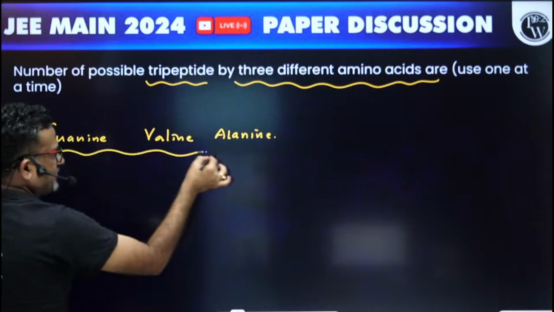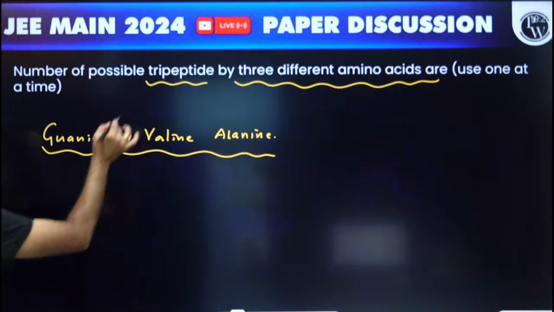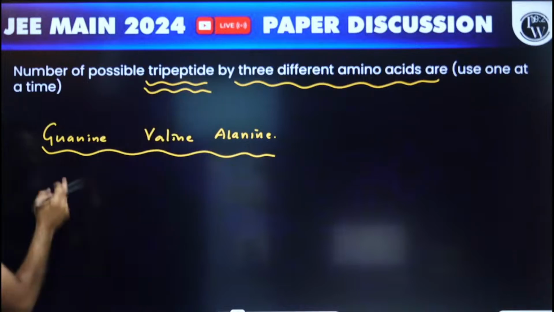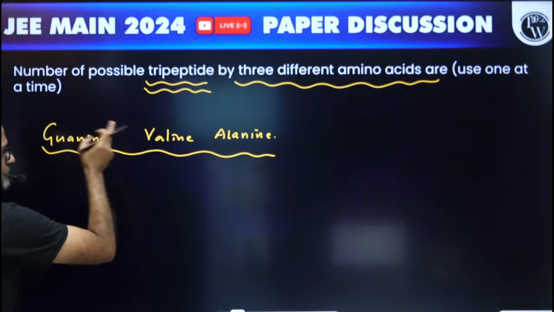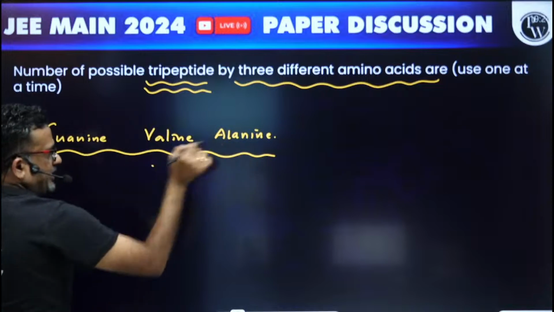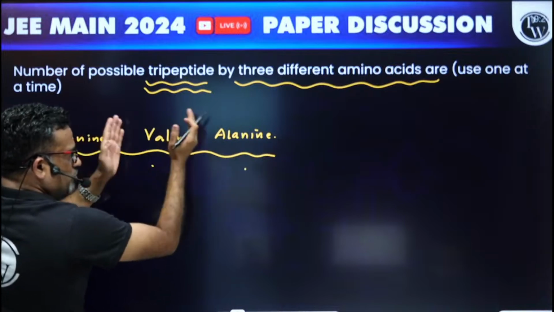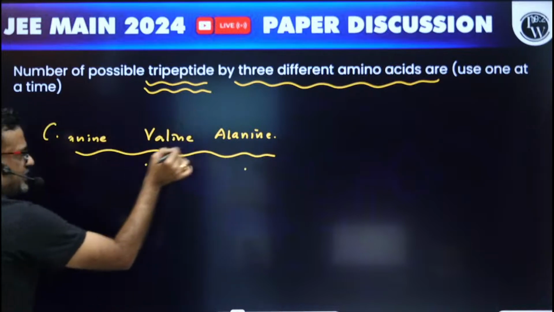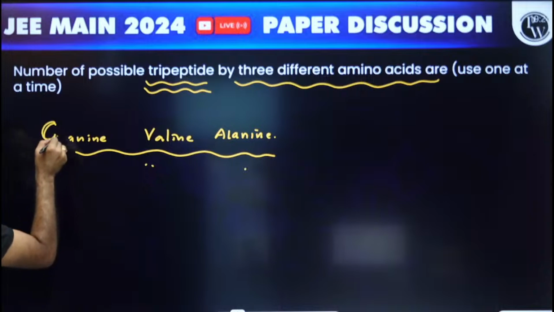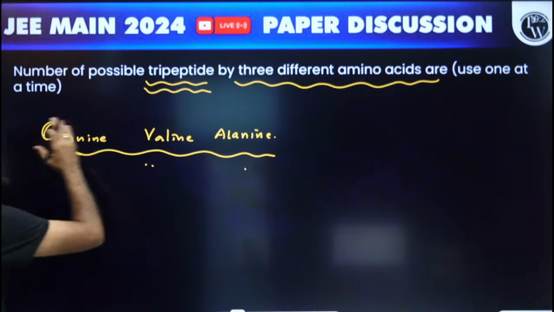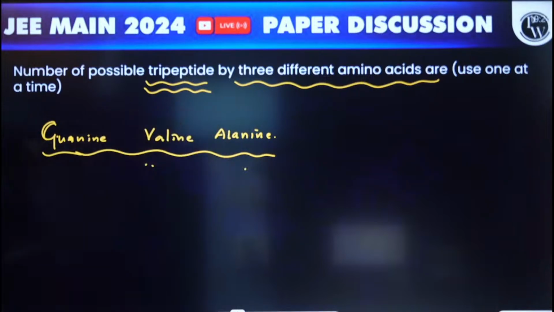We have 3 different amino acids, and with these we need to form a tripeptide. Between every 2 amino acids there is a peptide bond. If 3 are combining, that is called a tripeptide. In a tripeptide there will be 2 peptide bonds. All 3 together held by peptide bonds is called a tripeptide.